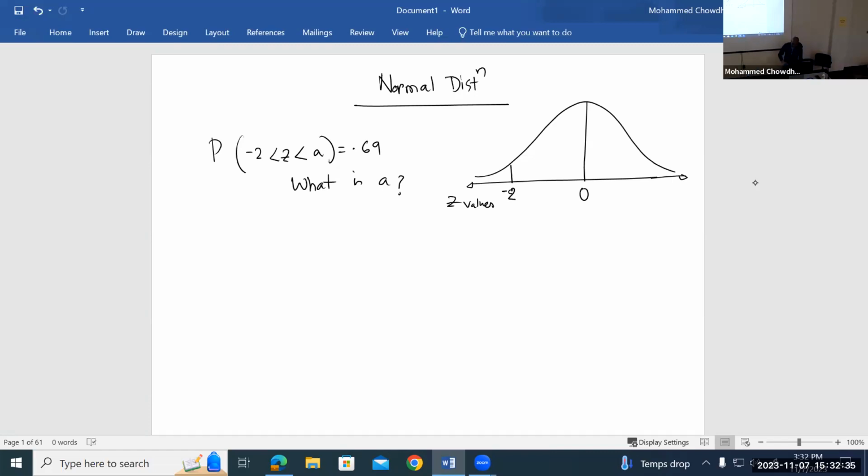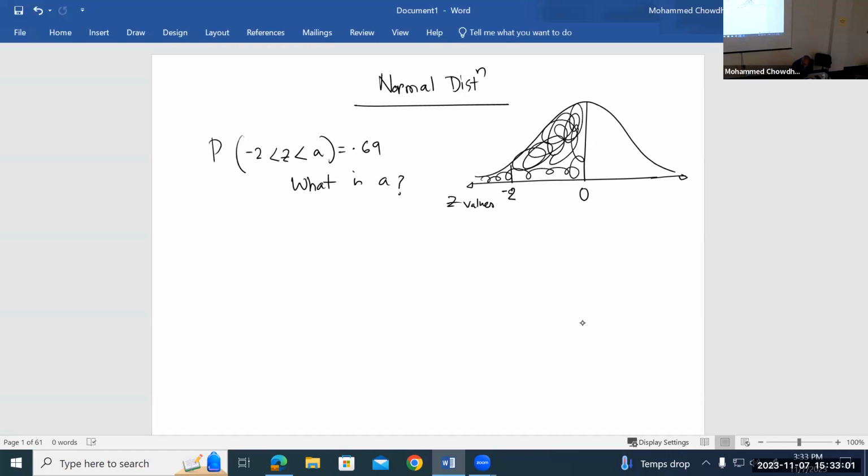Okay, so let me explain. This is 50%, and that is 50%. So in order to have a in here, the area from -2 to a must be less than 50%.